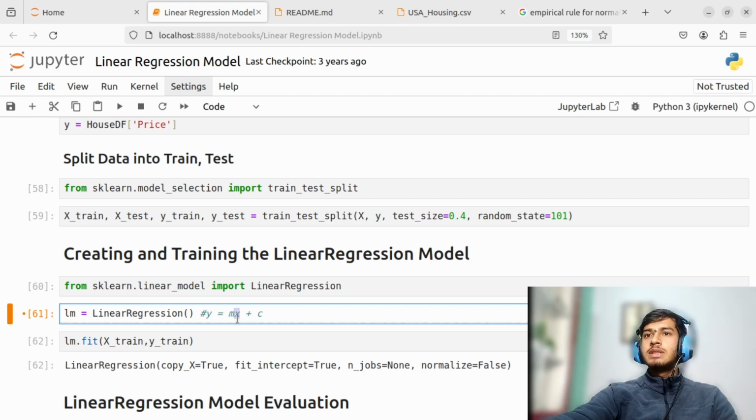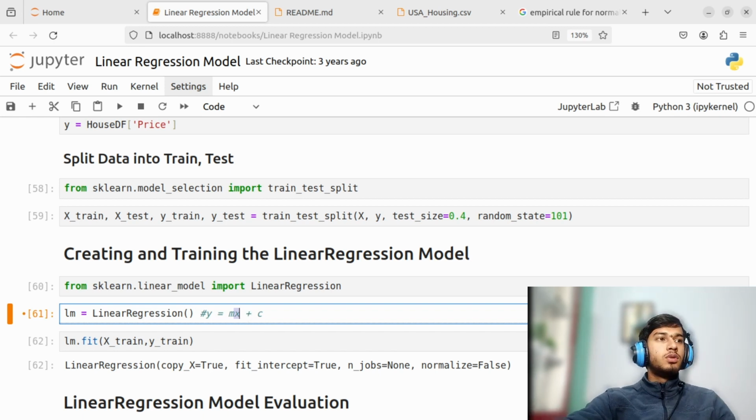So x will be your independent variable, and y will be your output. You may think x is your input, y is your output, and m and c are the values that will be helpful for predicting your output.